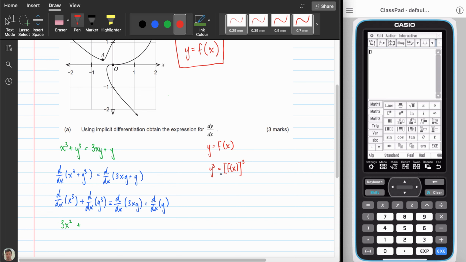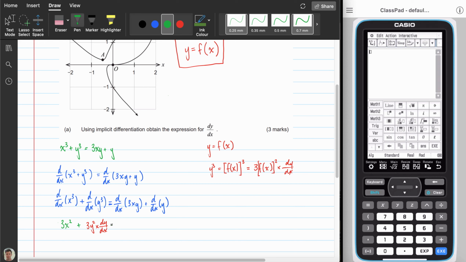So if I was to do the derivative of this, I could use the chain rule and do my outside function first, and I'd have 3 f of x all squared, times the derivative of the function with respect to x. And that's how I'm going to write this part of the equation. I'm going to say the d dx of y cubed is equal to 3y squared times the derivative of y with respect to x.